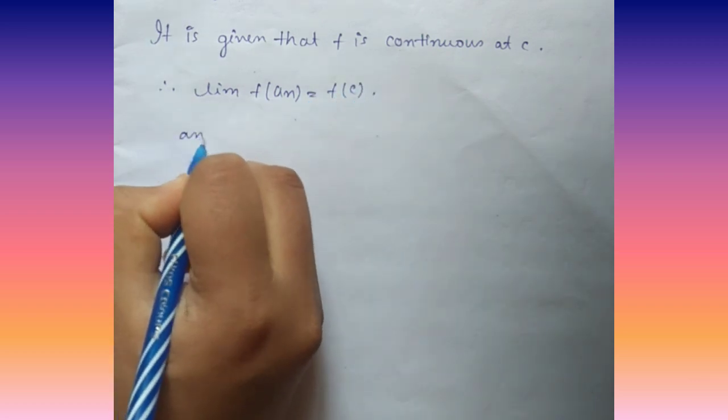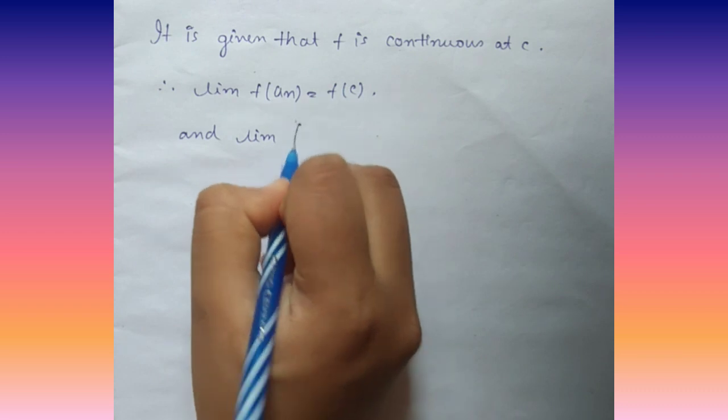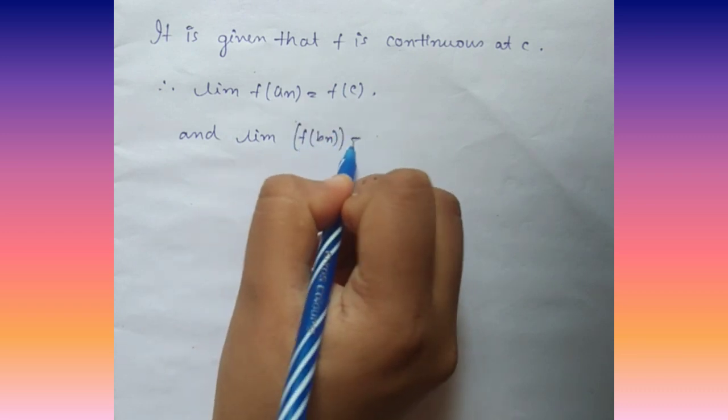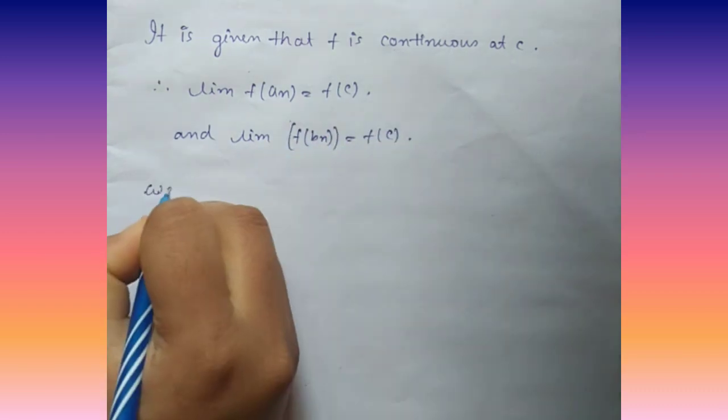It is given that f is continuous at c. So we get limit of f of an equals f of c and limit of f of bn equals f of c.